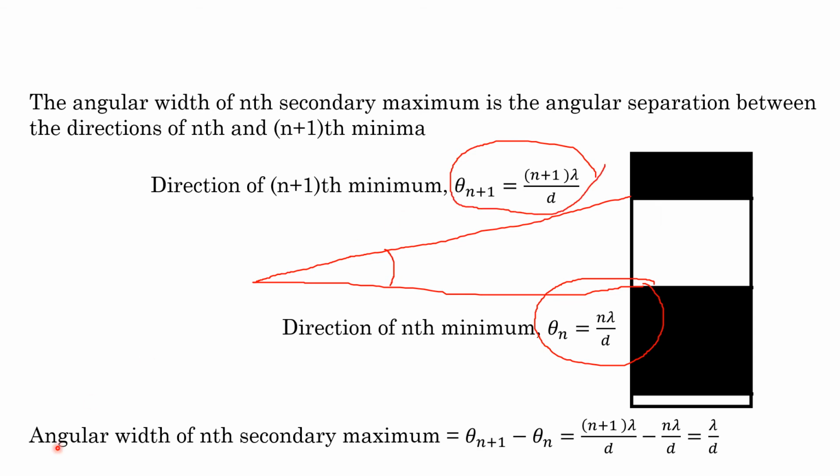Therefore, angular width of the nth secondary maximum equals theta n plus 1 minus theta n, which is n plus 1 lambda by d minus n lambda by d, and this n lambda by d will get cancelled. So what will I be left with? Lambda by d. So the angular width of the secondary maximum is lambda by d.